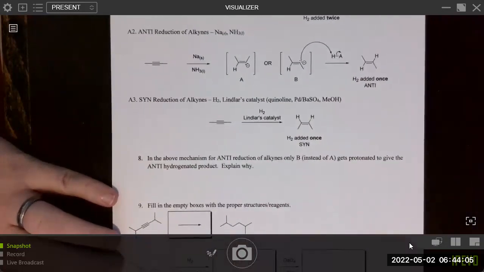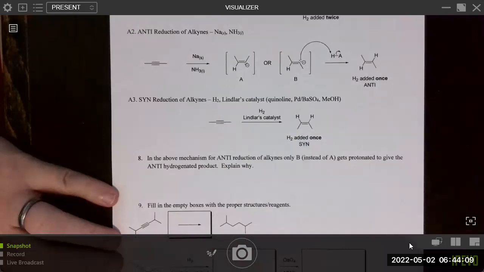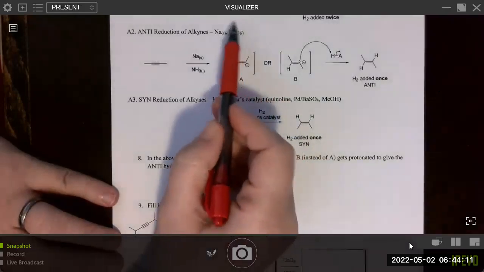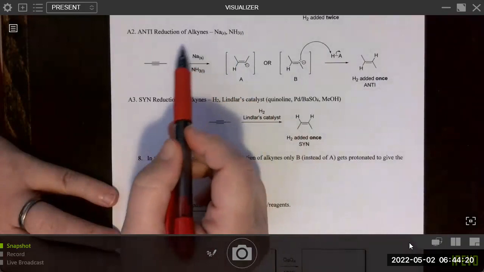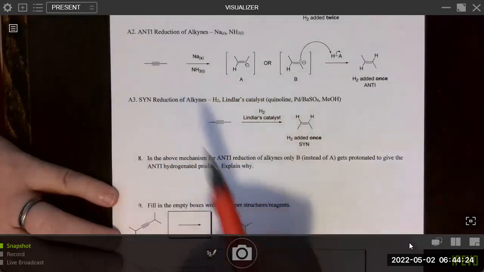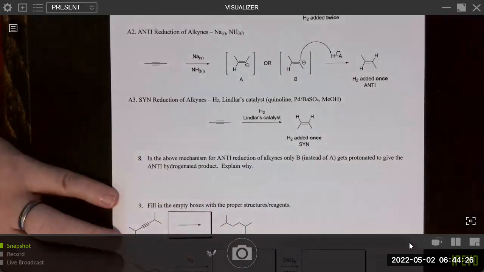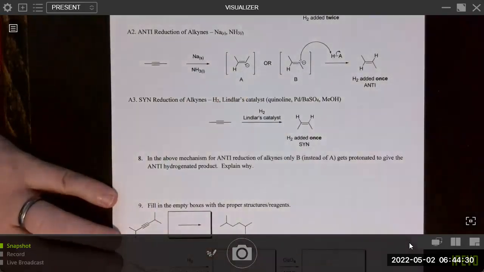If we want to stop at the trans alkene, then we can use dissolving metal reduction conditions. Sodium metal in liquid ammonia. That will do a radical reaction where sodium metal adds electrons, and then the protons come from ammonia.